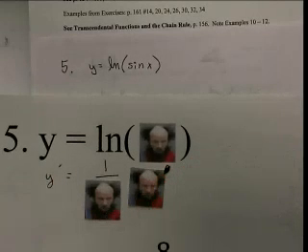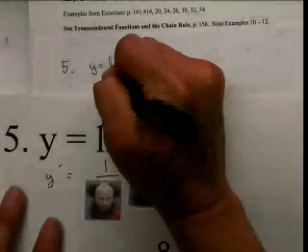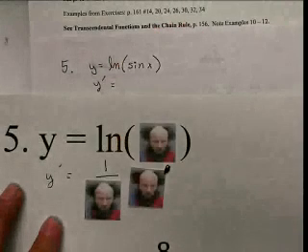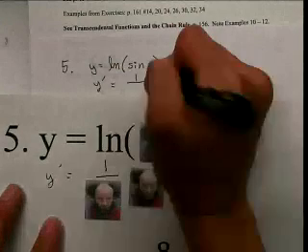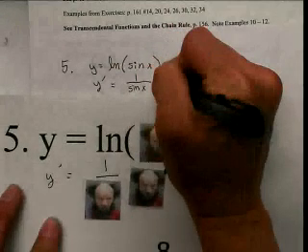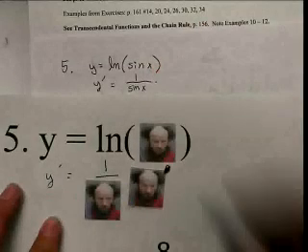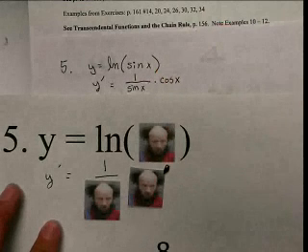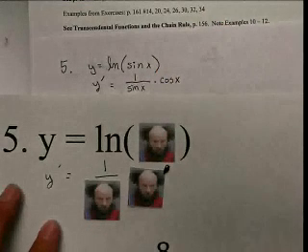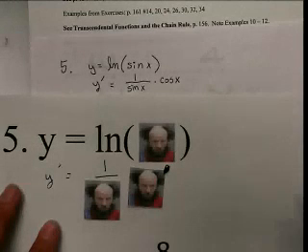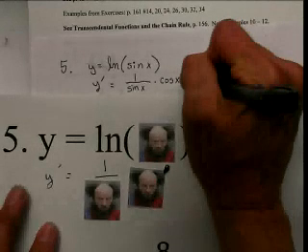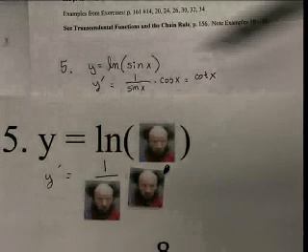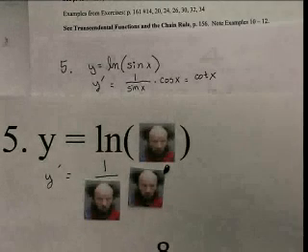The derivative of the ugly. So if the ugly is sine x, then y prime would be 1 over sine x times cosine x. That's not going to be the answer in the back of the book because that's more simply expressed as cotangent x. The derivative of natural log of sine x is cotangent x.